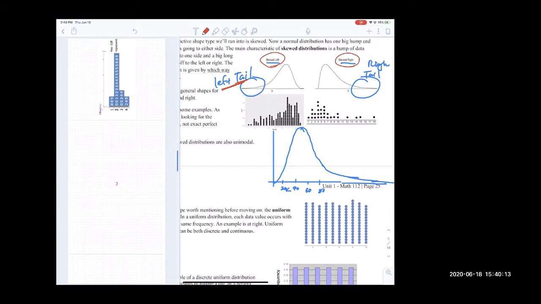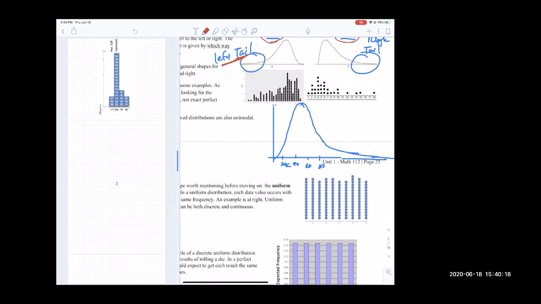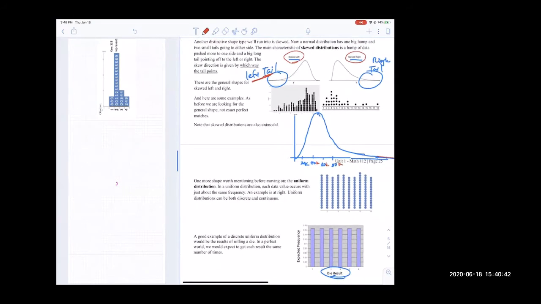You notice that people who make an annual income of 20K, 40K, 60K, 80K, and so forth, the majority of people fall between here. And then there is a tiny percent that goes all the way to millions, tens of millions, hundreds of millions, even billions of dollars, like Jeff Bezos, right? So we have inequality in income distribution, which is skewed to the right.